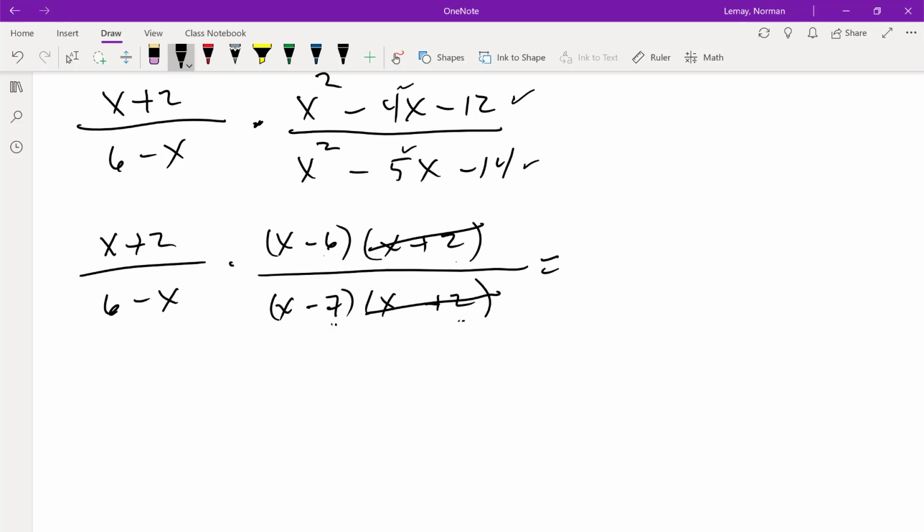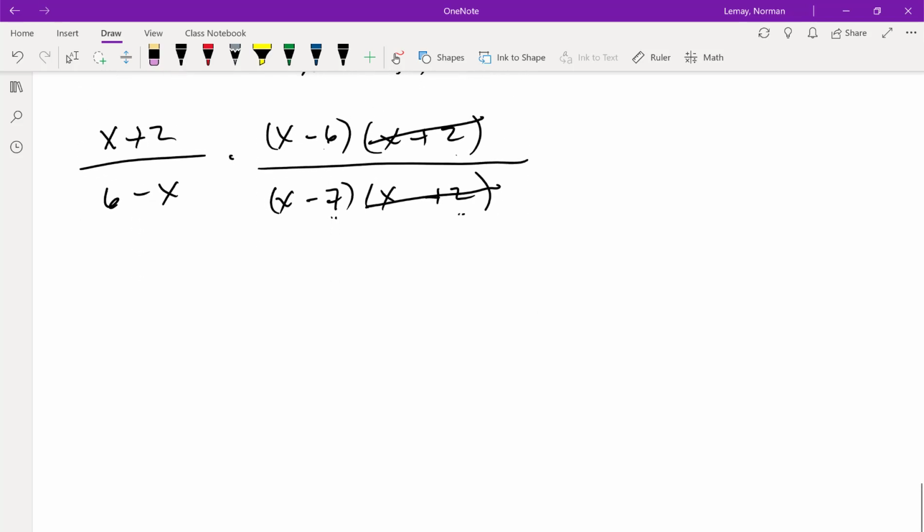And then notice that I got 6 minus x and an x minus 6. So this is like the previous video where I'm off by a negative sign. So let's just note that if I could flip the x and make the x positive and the 6 negative, that would be pretty nice to do, and then these two would factor out.